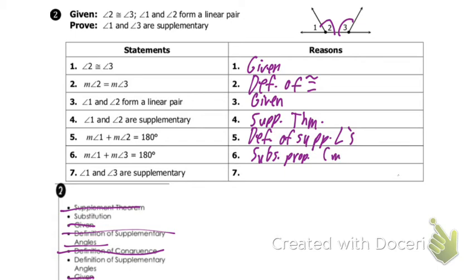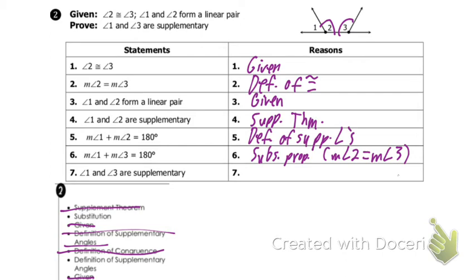Back in step 2, we're told that the measure of angle 2 is equal to the measure of angle 3. So it's perfectly okay for us to go up here and say, hey, from 5 to 6, I can swap out the measure of angle 2 for the measure of angle 3. It's perfectly okay for us to do that because we were told that their measures were equal right away. So we can change them out and leave everything else the same.